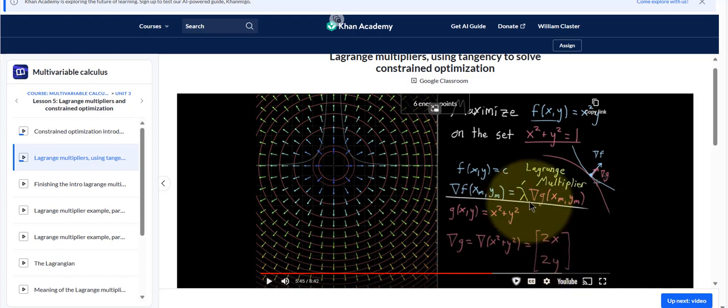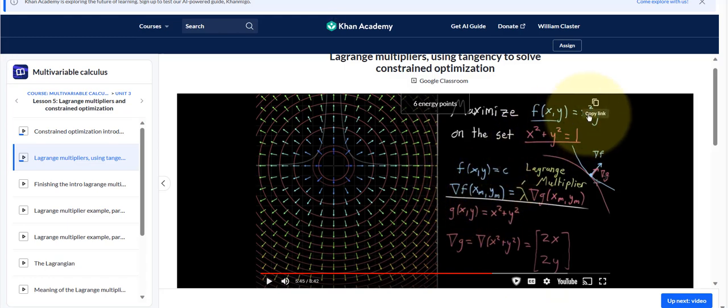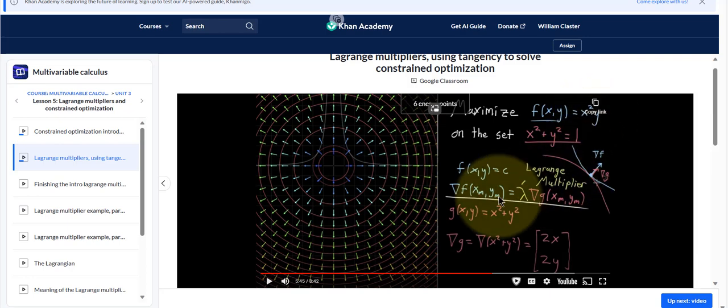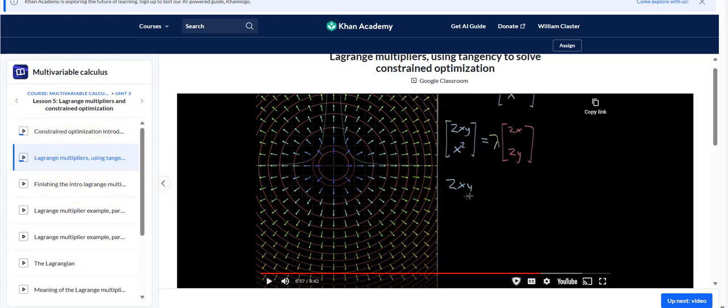And then we're going to put a lambda in front of it. And then we have to do the partial derivative of f, which is x squared times y, and that's f. And we want the same thing, the gradient of that, which means the partial with respect to x and the partial with respect to y. And we end up with this.